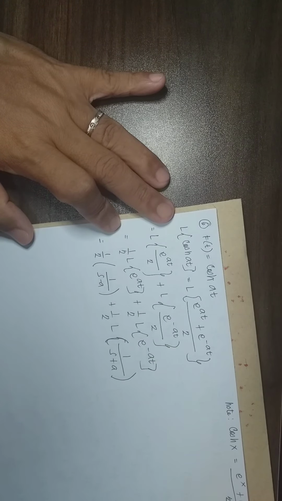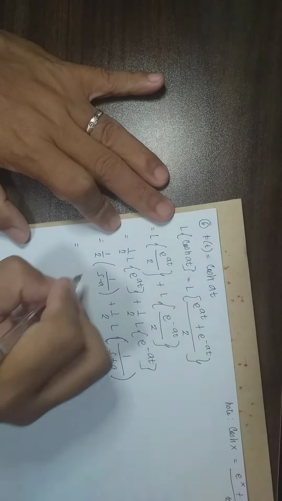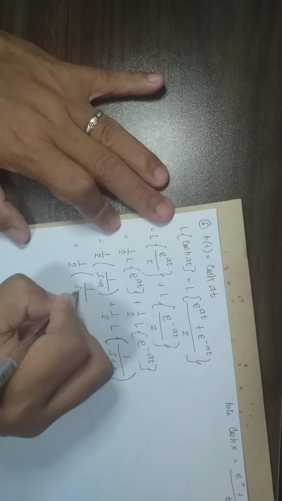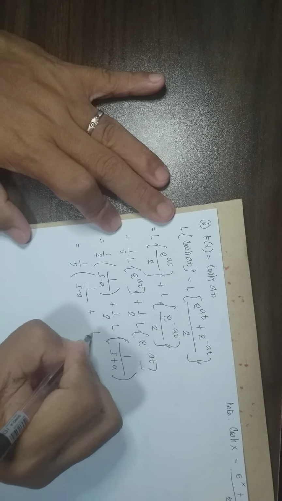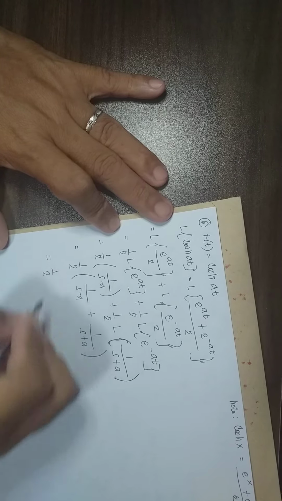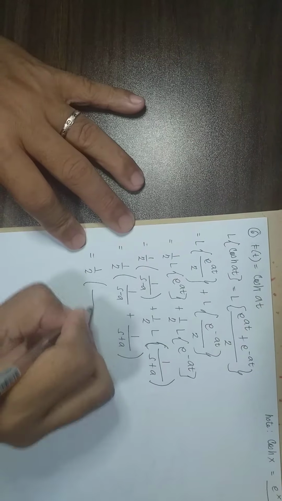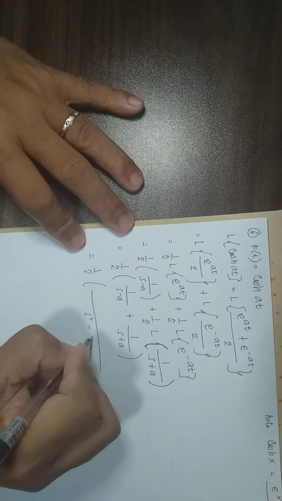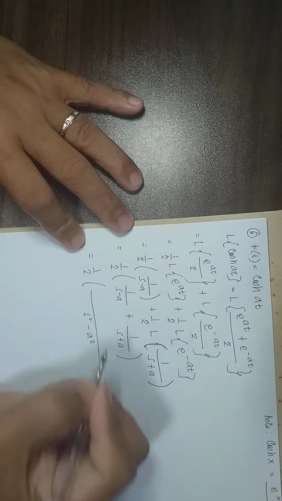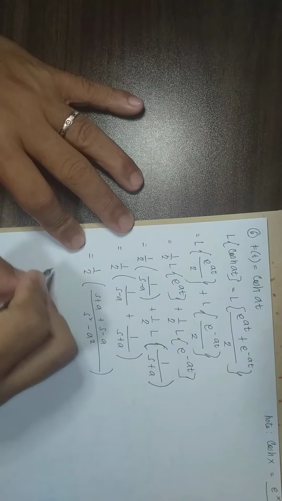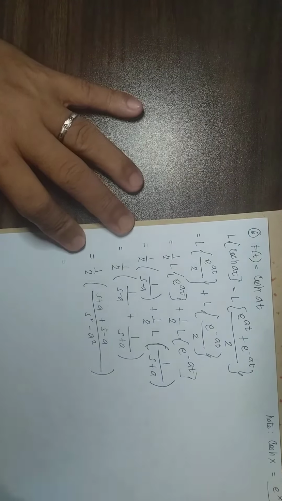Okay? So we have 1/2, i-factor out natin, times 1 over s minus a plus 1 over s plus a. Or this is 1/2 times s squared minus a squared. That is s plus a plus s minus a.